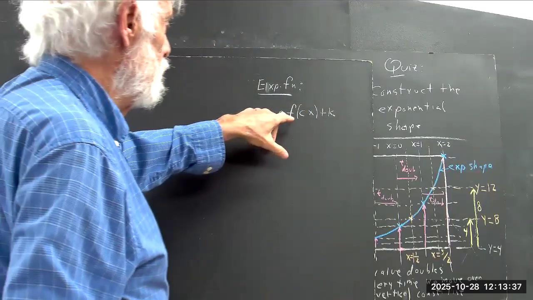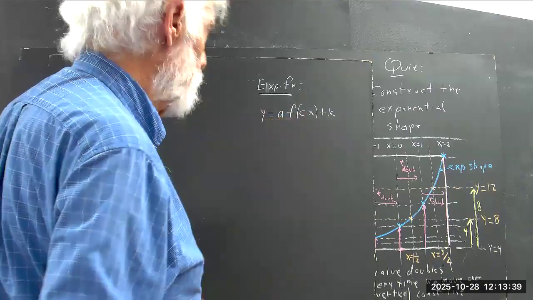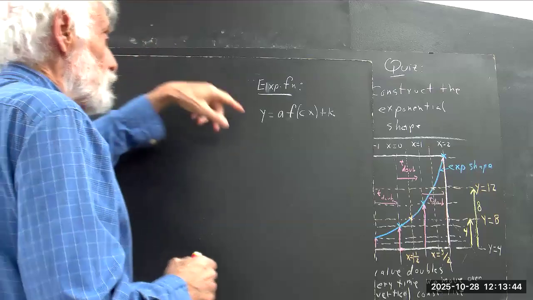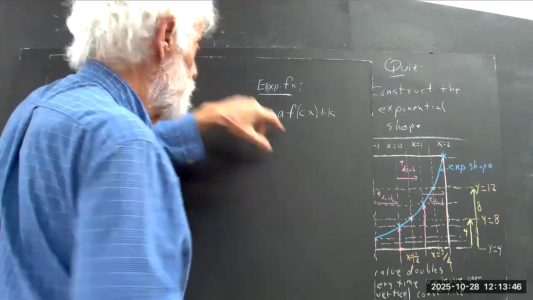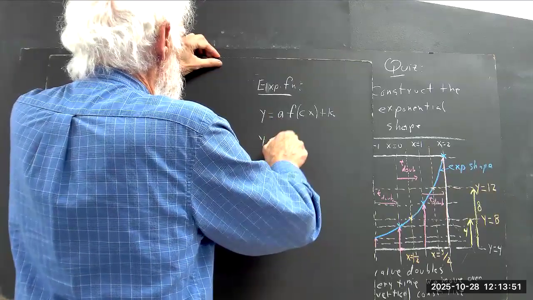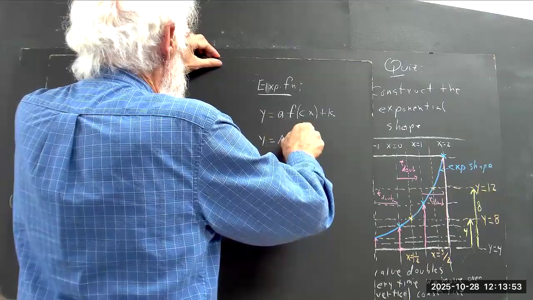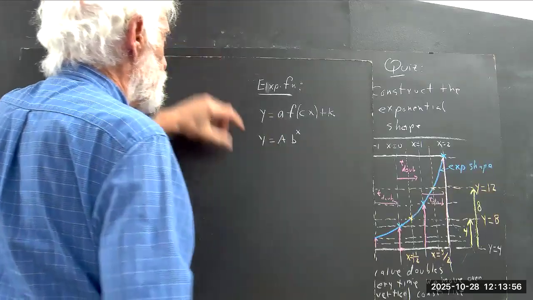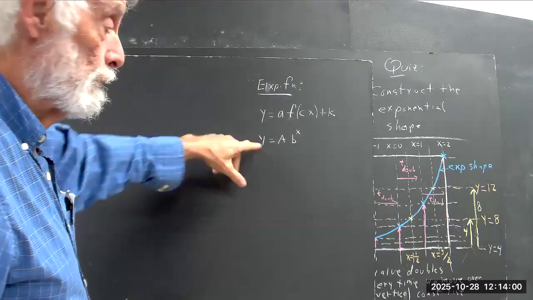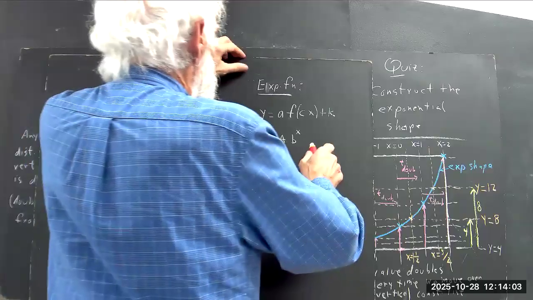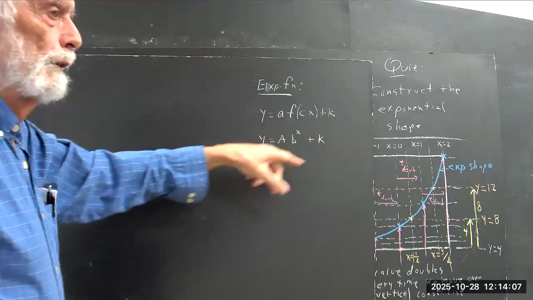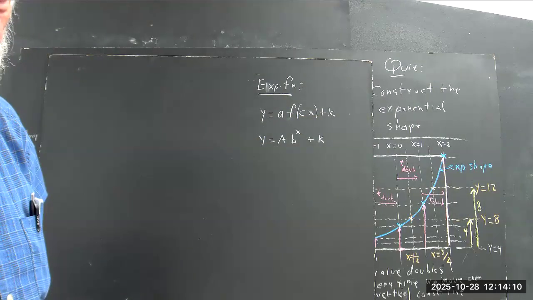It's often written A f of cx plus k, your general exponential function, in terms of your toolkit function f. This is another form that can give you the same results.